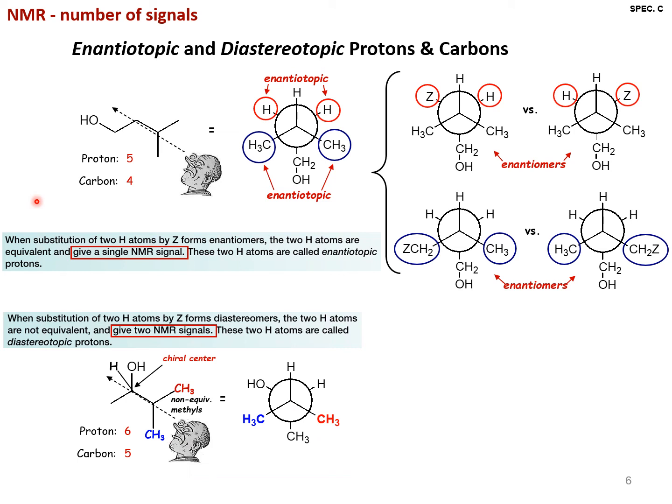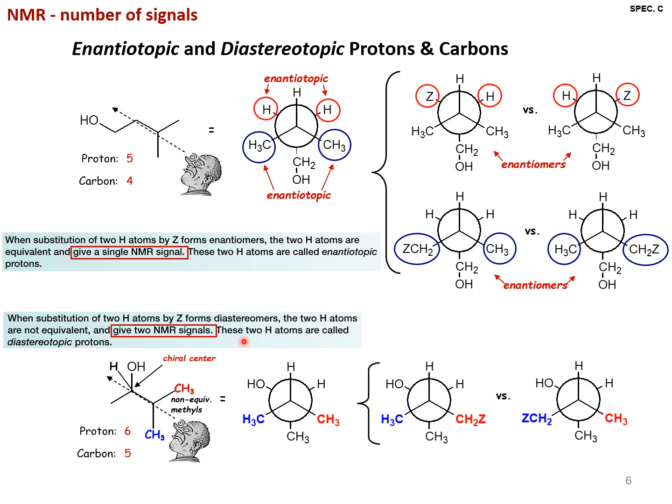For the example below, because of this asymmetric center, if I start to do substitutions like I did above on these methyls, I end up with molecules which are not enantiomers, these are diastereomers.